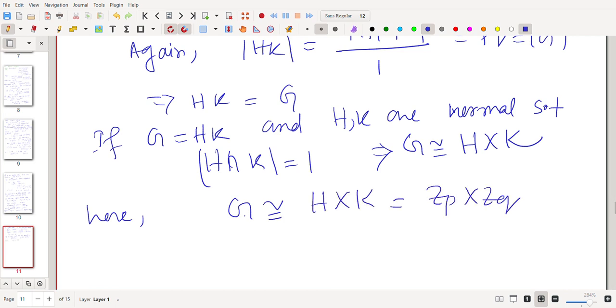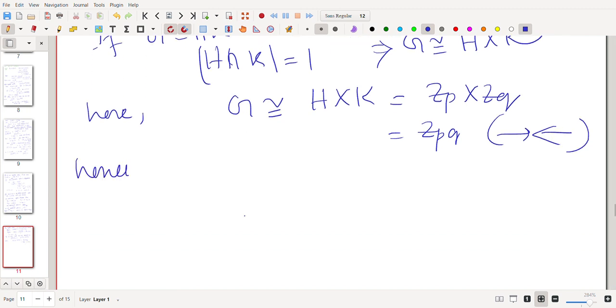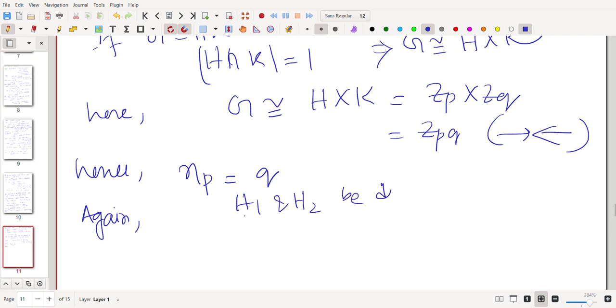That means G is isomorphic to H cross K, which is Z_p cross Z_q, which is Z_pq. It is a contradiction because G is given to be non-abelian. Hence, the number of Sylow p-subgroups is exactly q. Again, let H1 and H2 be distinct Sylow p-subgroups.